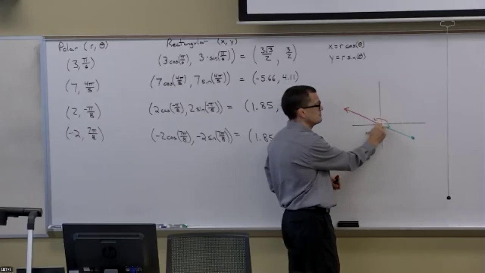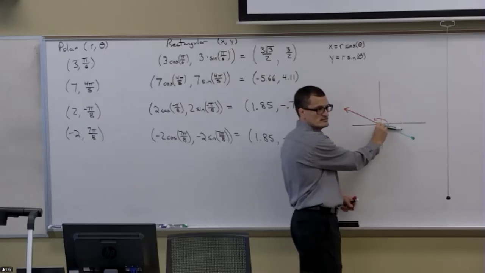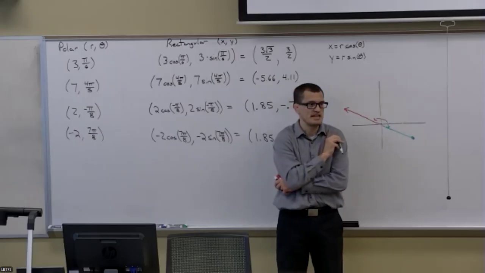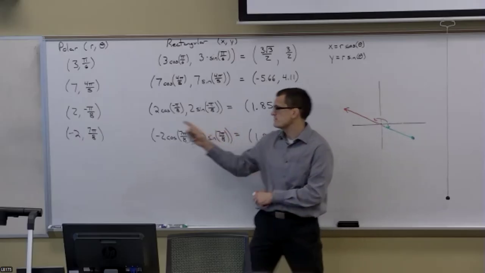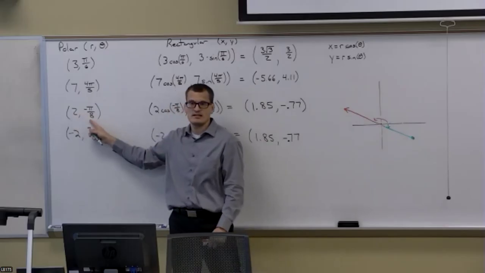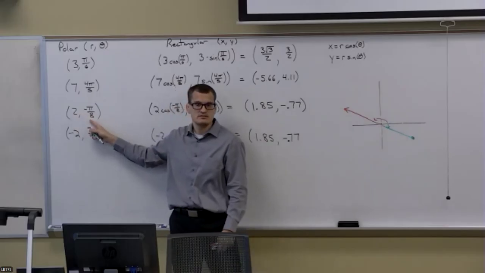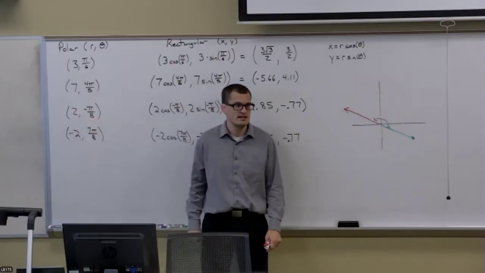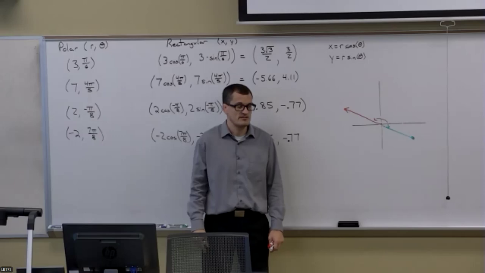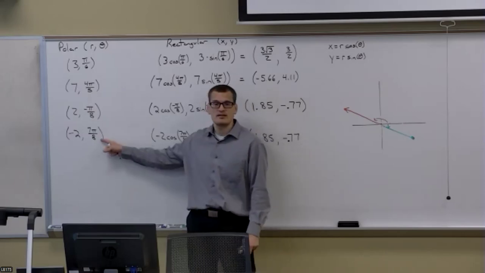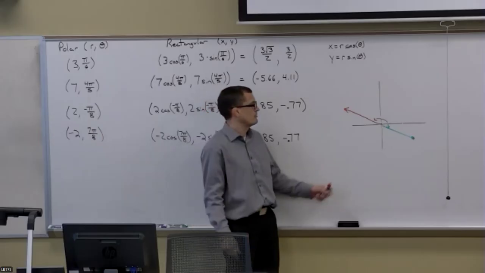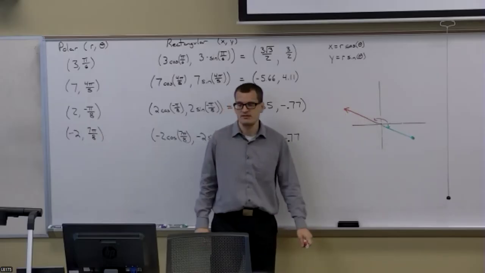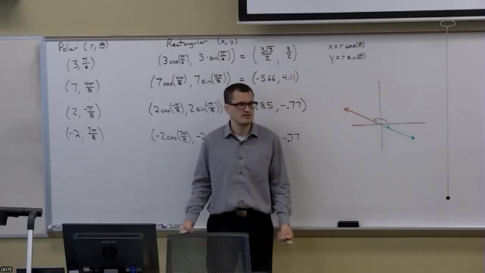I could have added another 2 pi, any coterminal angle to negative pi over 8. If you put 2 comma coterminal angle, you're going to get back to the same point. So you can just add 2 pi as often as we want and get back to the same point. Same thing here. If I have a negative 2 and then any coterminal angle with 7 pi over 8, I get back to the same point as well. Does that make sense?